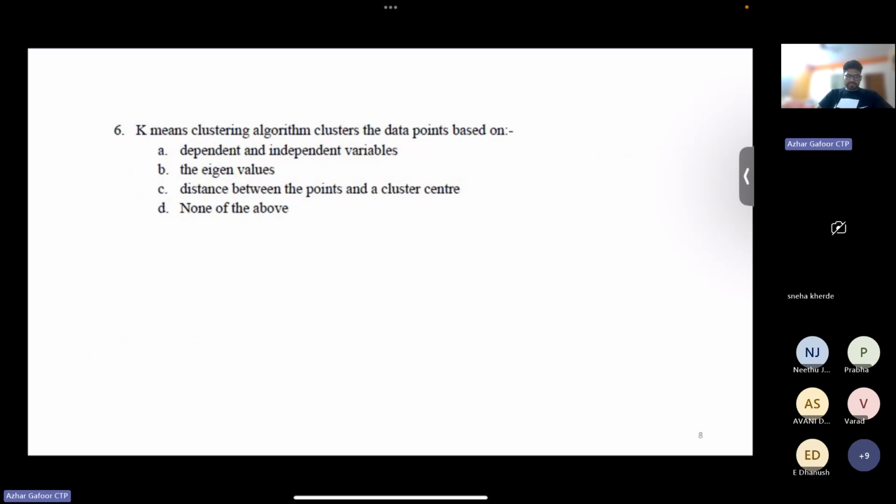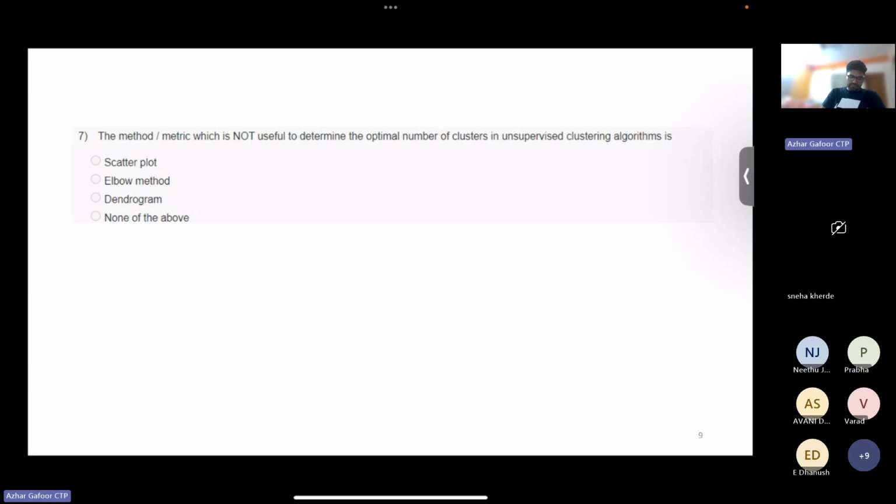Okay. Then the next question. So is it C, distance between the points and a cluster center? Yes. Next one.